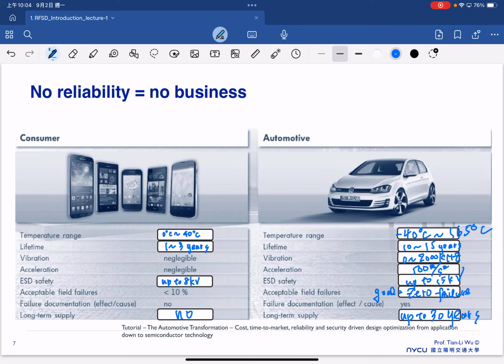So when we talk about reliability in automotive in terms of long-term supply, they have already prepared. They can provide long-term supply for 30 years. So this is an interesting table between consumer electronics and automotive, and you can start to realize that different products come with different reliability specs.